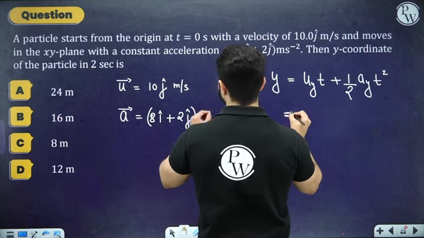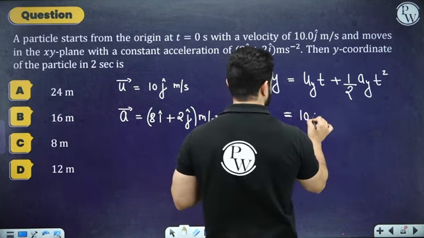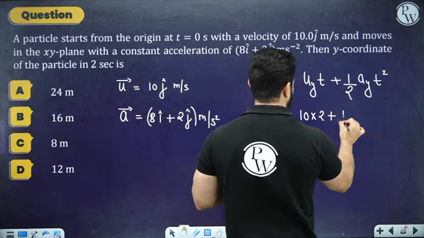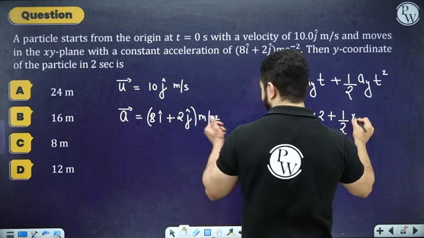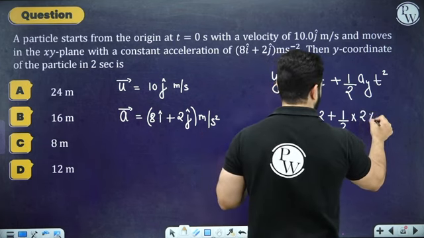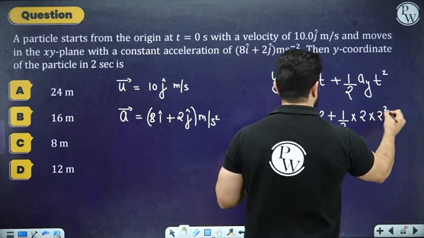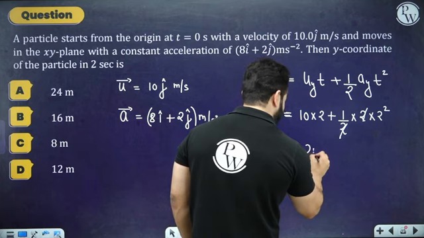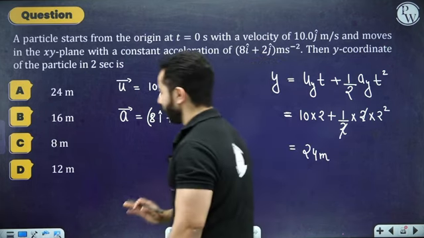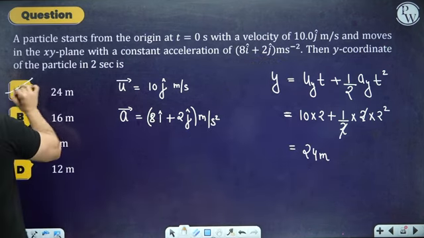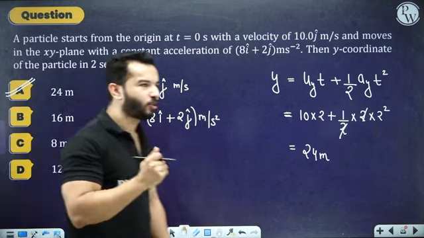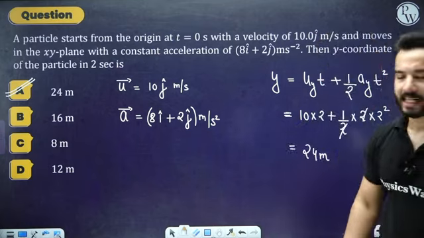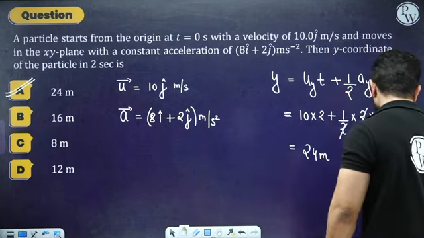So uy is actually 10 times 2 plus half, ay is 2 times square of 2. So this is going to be 24 meters. That's it. This was not a difficult one, but yes, you can expect questions like this in NEET exam, right? Moving on to the next one.